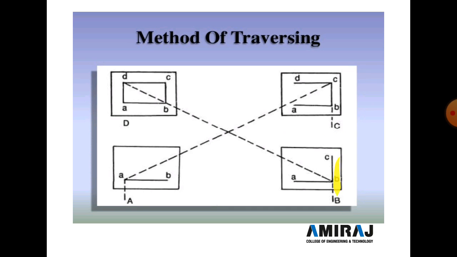Here the BC line is already drawn, so C to B is not required, but the C to D line is bisected, then measure the distance C to D and draw the line cd. The same procedure is repeated on the D point, and the D to A line is bisected and drawn. So this method is the method of traversing.